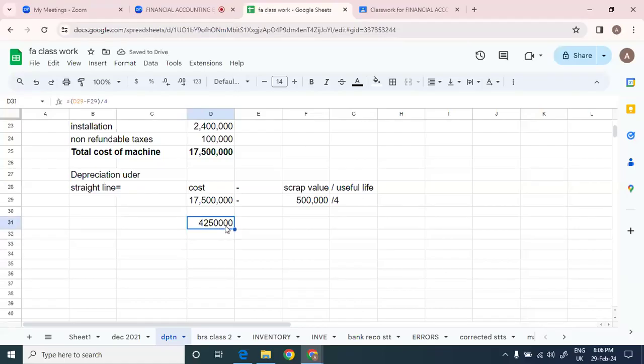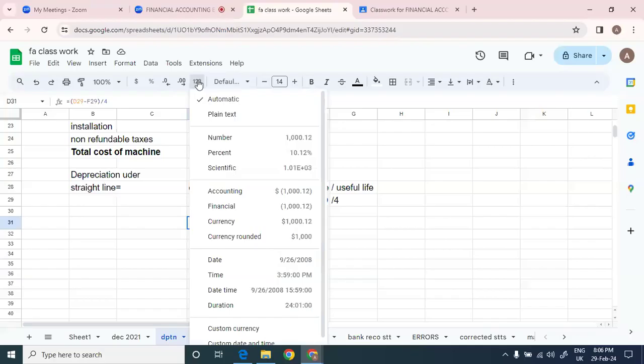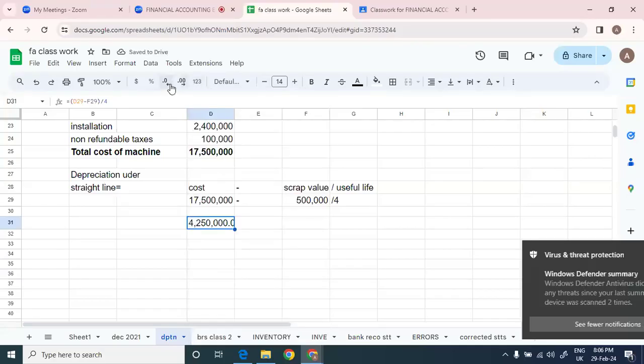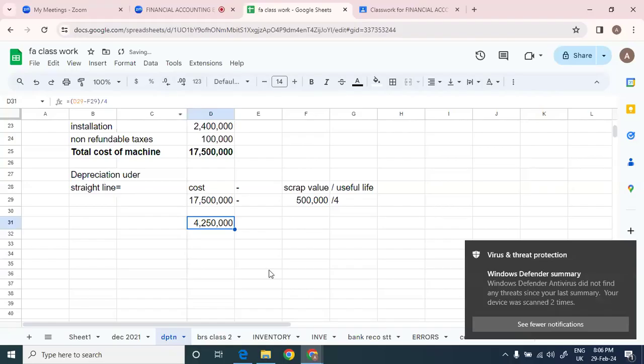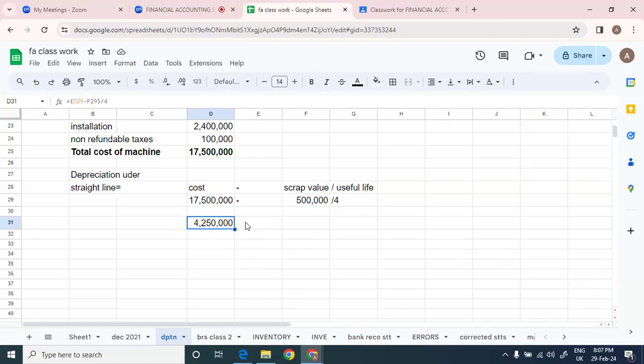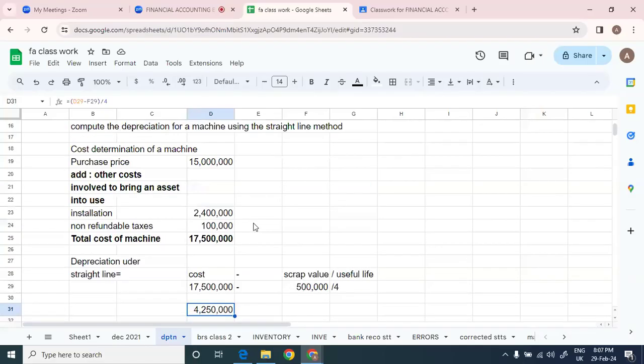So our depreciation for a year here will be equals to 4,250,000 shillings. Are we together?